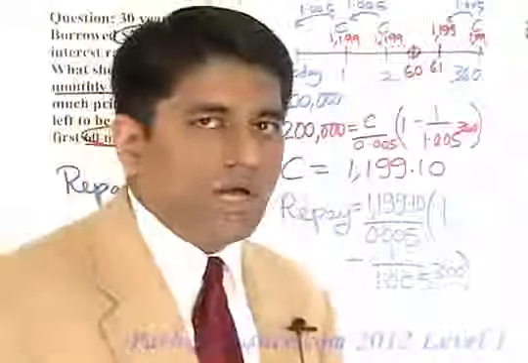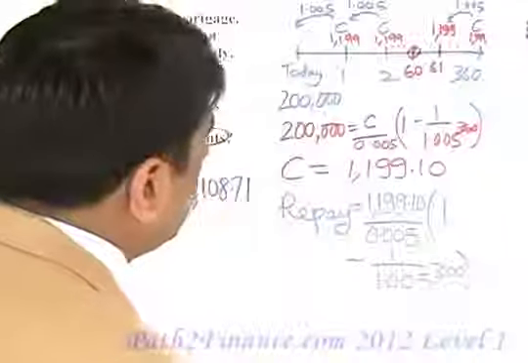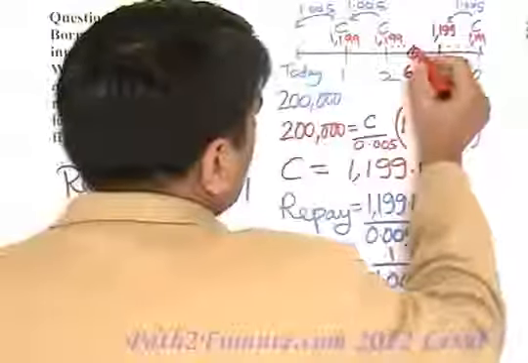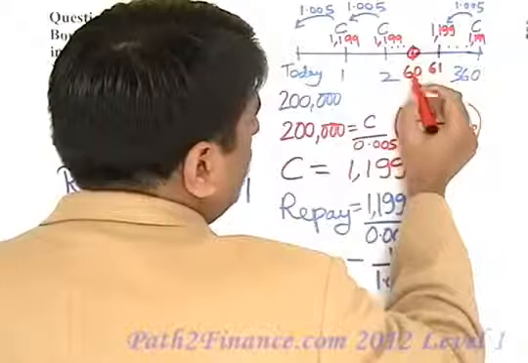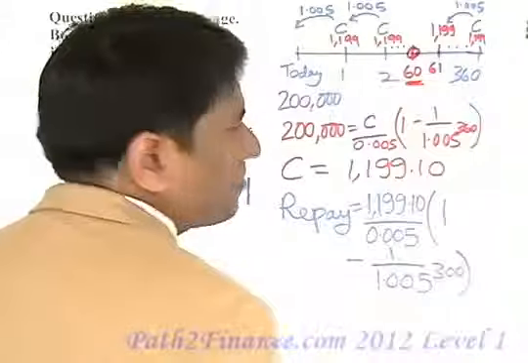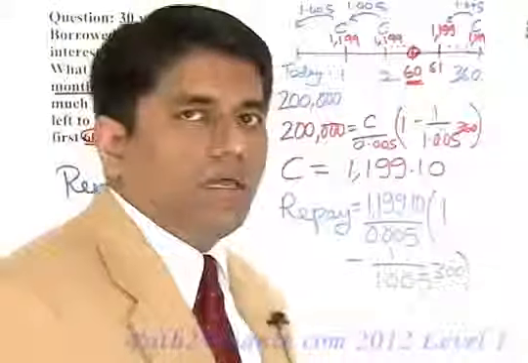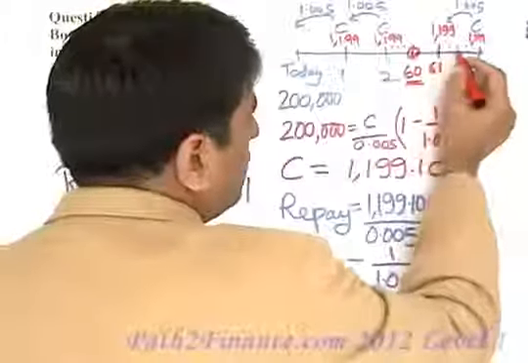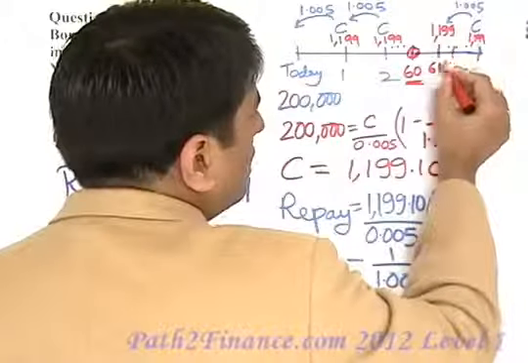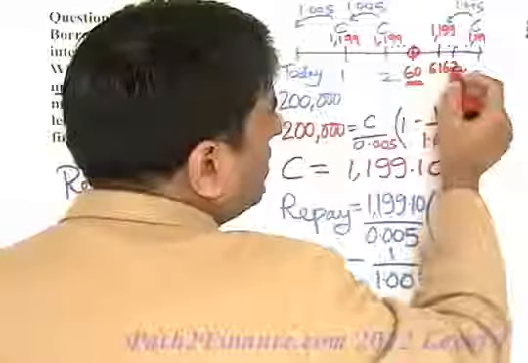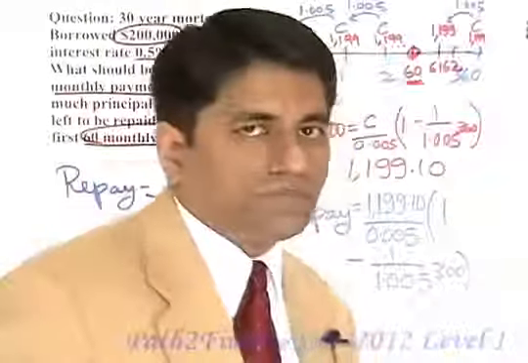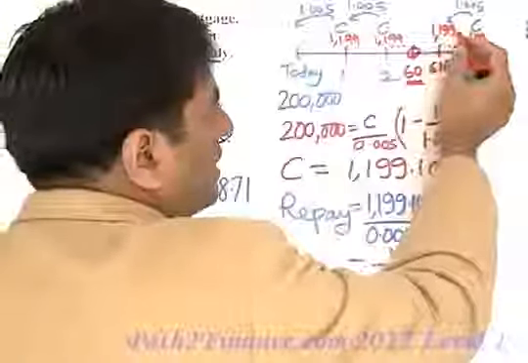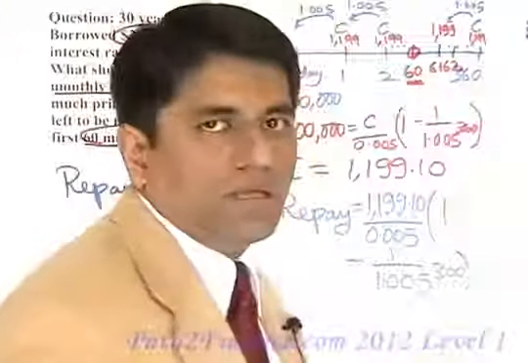So to go over this one more time, what we have is the borrower wishing to pay off the remaining loan at time 60. So the amount to be paid is the present value of the remaining 300 monthly payments of 1,199 and 10 cents each.